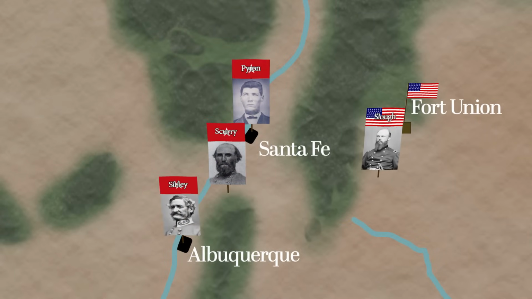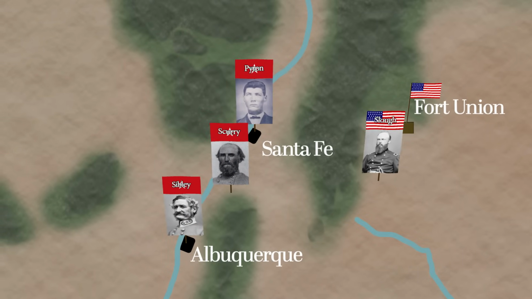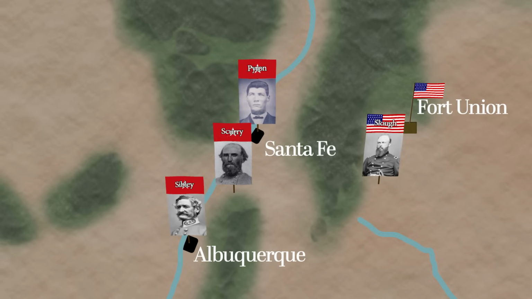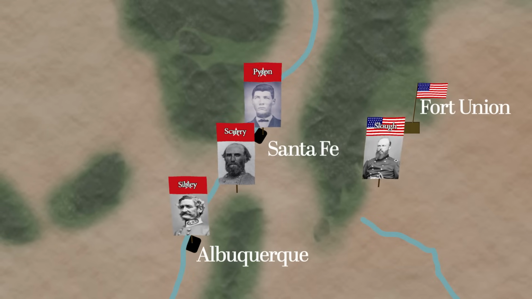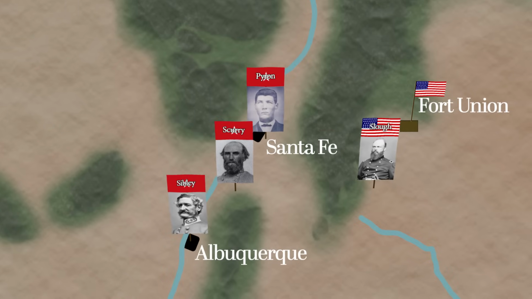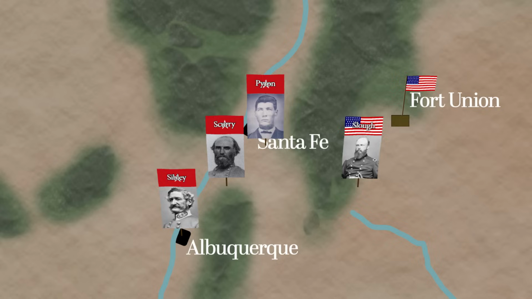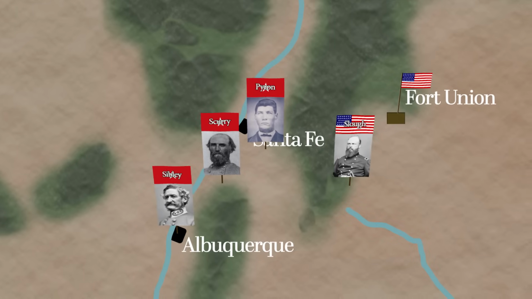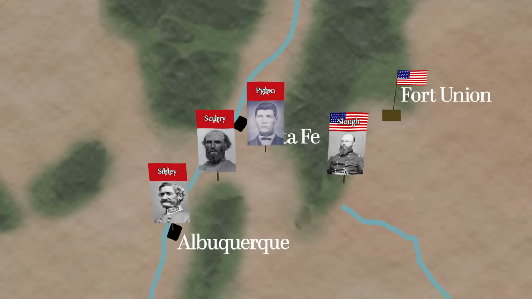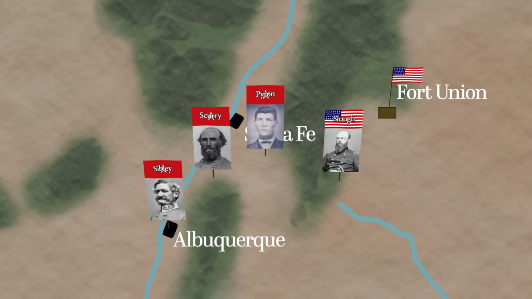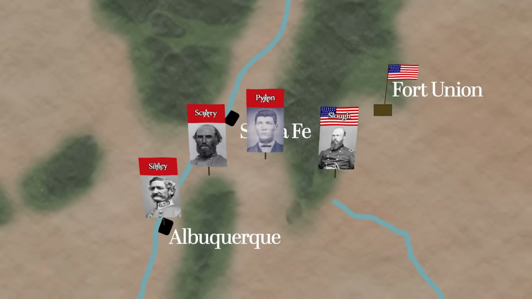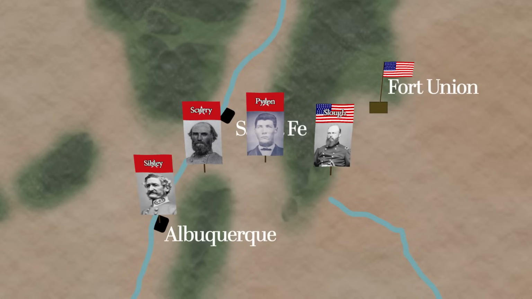Major Charles L. Pyron, in command of Confederate troops at Santa Fe, learns of Colonel Slough's movement and sets out to contest the federal advance with 300 troops of his own 2nd Texas Mounted Rifles and additional companies of the 5th Texas Mounted Rifles. These Union and Confederate forces are set on a collision course towards Glorieta Pass outside Santa Fe.